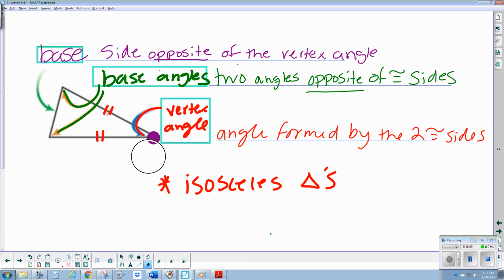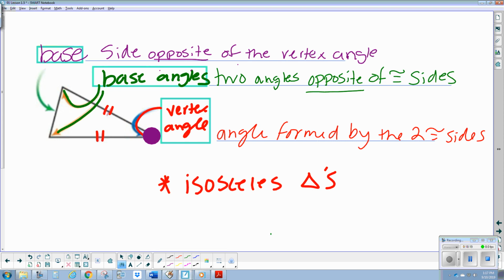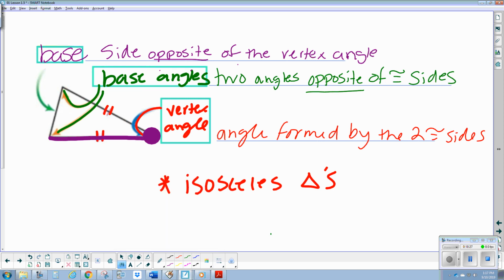So again, if I'm having trouble deciding where the opposite side is, I'm going to put a mark, or you can use your fingers, on the vertex angle and see how that vertex angle touches two sides of the triangle. It touches this side and it touches this side. The base, or the opposite side, is the side this angle does not touch.